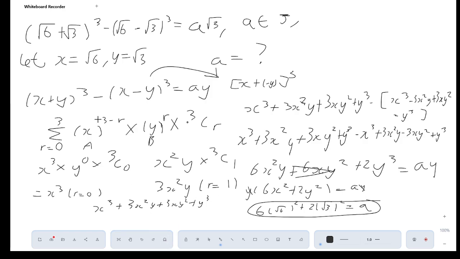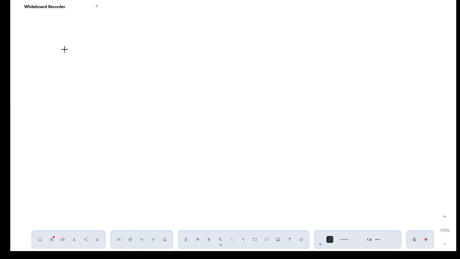Okay, so now we've gone through expansions, let's go through coefficients. There's this question I was really interested about, and it was finding the coefficient of x cubed in this funky expansion, as you can see. Plus 1 over x to the power of 9.